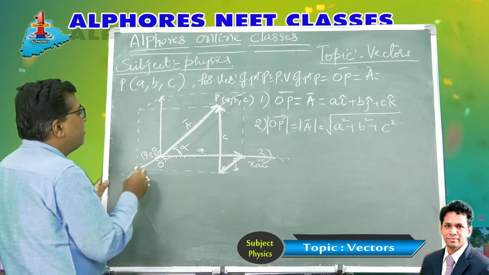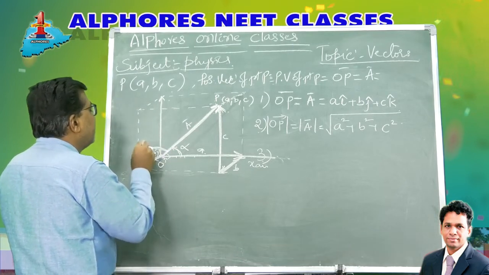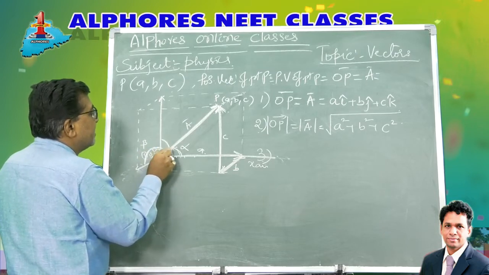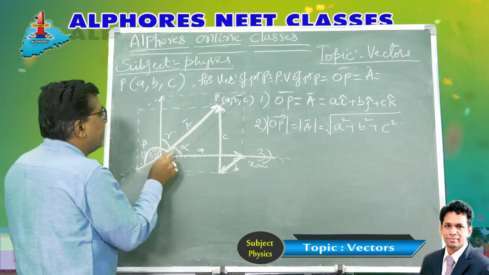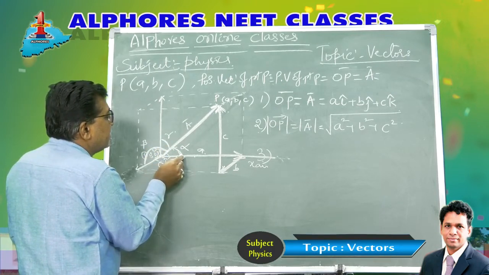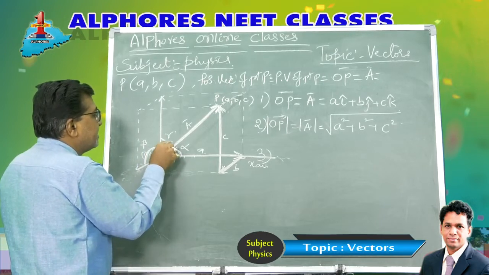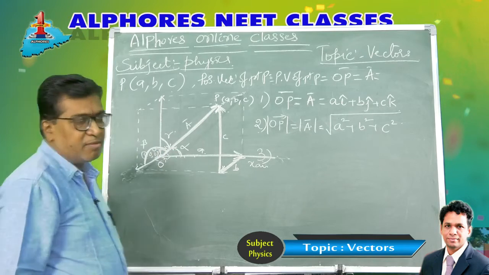Similarly, the angle made by the vector with the y-axis, let this be beta. And the angle made with the z-axis, this one is gamma. Right? So there are three angles, with the x-axis, y-axis and z-axis like this. These three angles I have to define: alpha, beta, gamma.